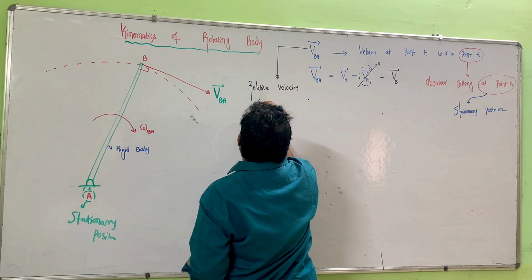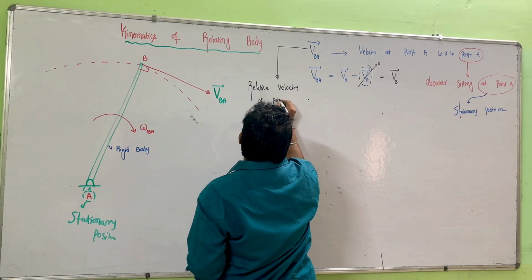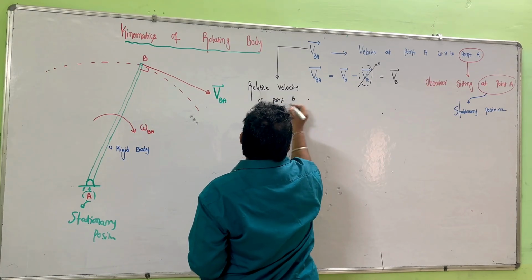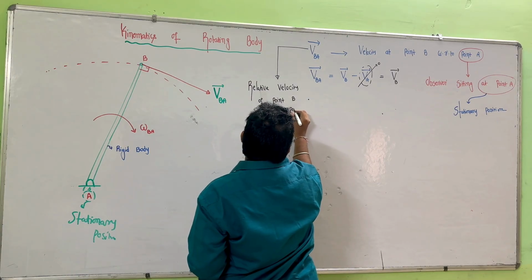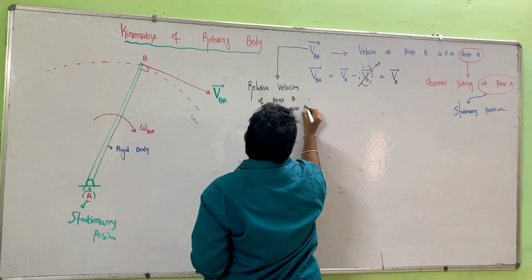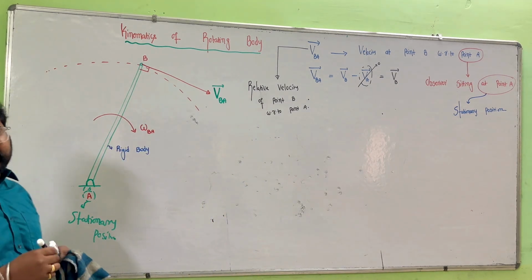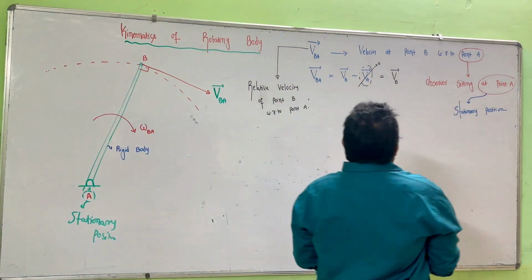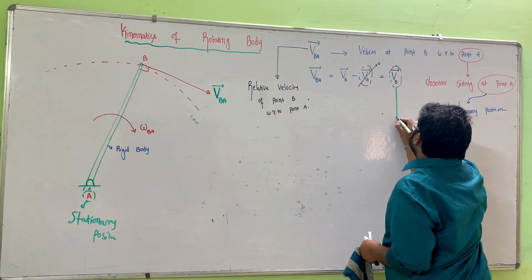Relative velocity of point B with respect to point A. What is VB?